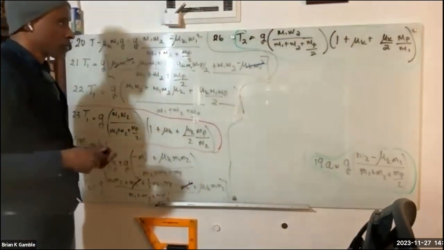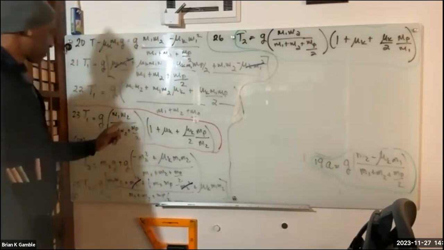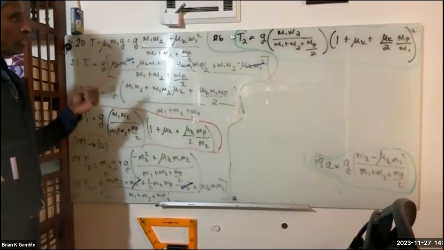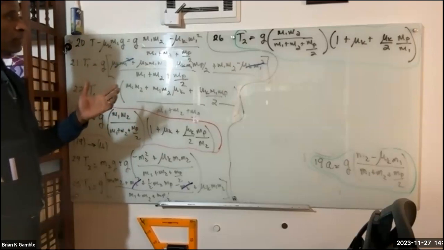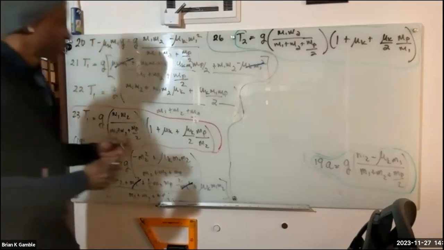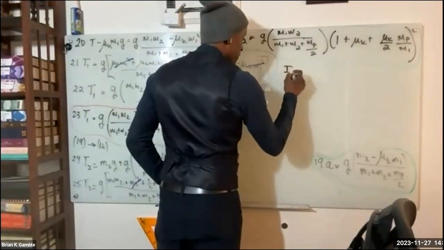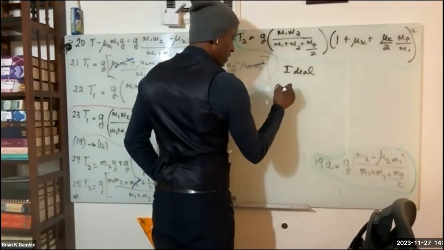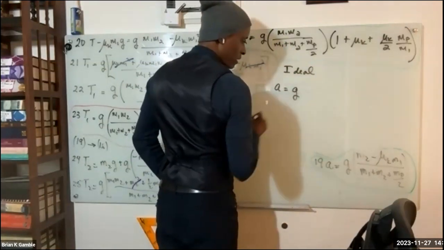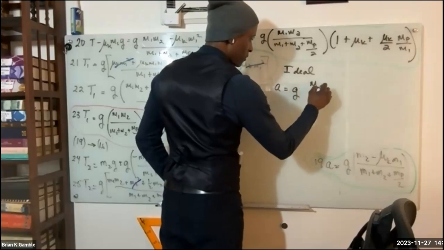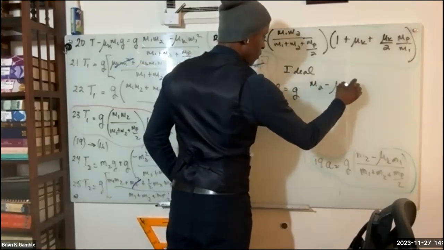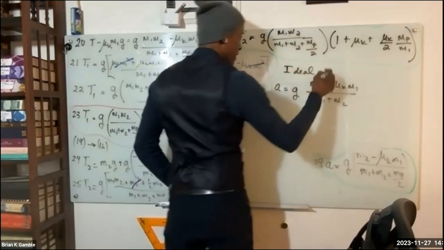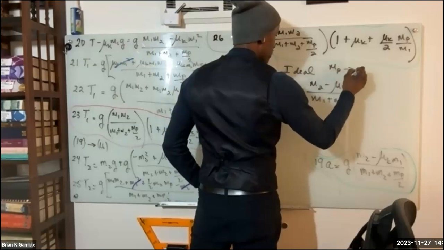And as I said earlier, both of those results, 23 and 26, reduce to the same tension force whenever the pulley is ideal. In fact, we can see it from here. The ideal case for the acceleration is going to be G times M2 minus mu k M1 over M1 plus M2, whenever, in the ideal case, MP goes to 0.